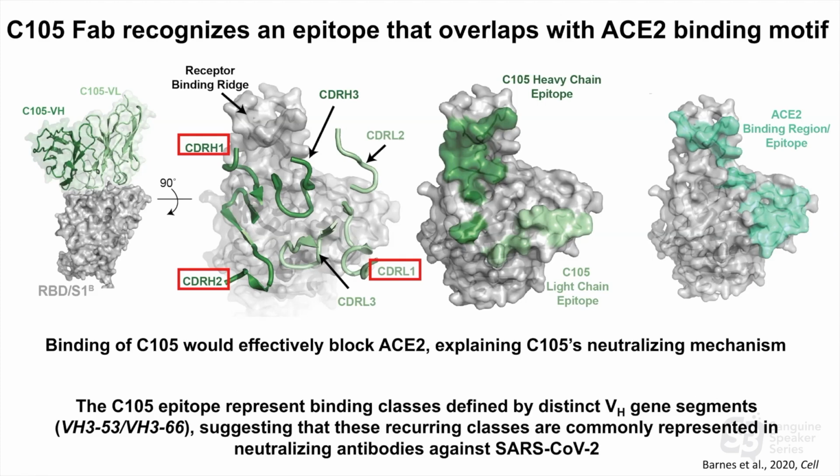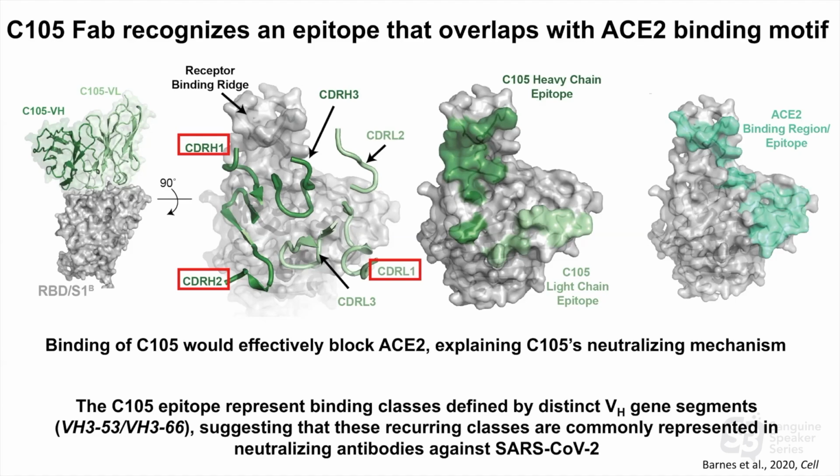And then all kinds of other papers from other labs keep finding this as well. And so what we did, we meaning Anthony West in my lab, is he did some bioinformatic analysis and showed statistically that this was something that was recurring in the different donors. And furthermore, this type of antibody had to have a short CDRH3. Otherwise, if it was long, it can't bind to this particular epitope.